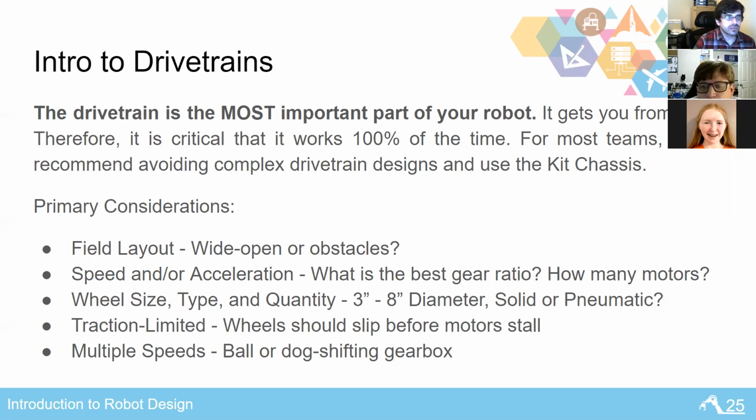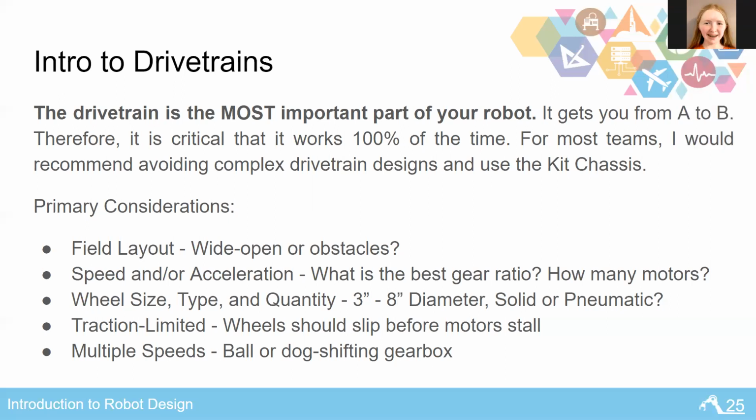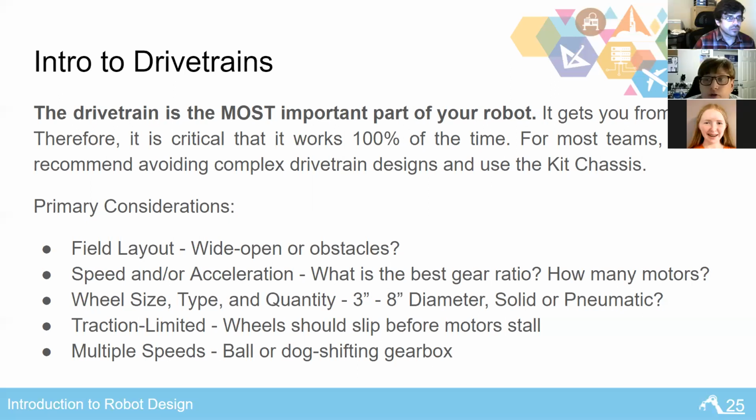For FRC, defense is generally a thing and there is a lot of robot-to-robot interaction. Even though you may not want to run into another robot because it slows you down as far as your cycles, you may have to run into a robot.